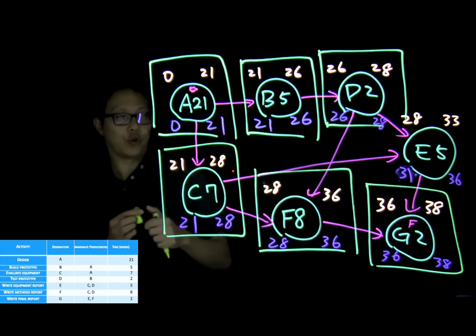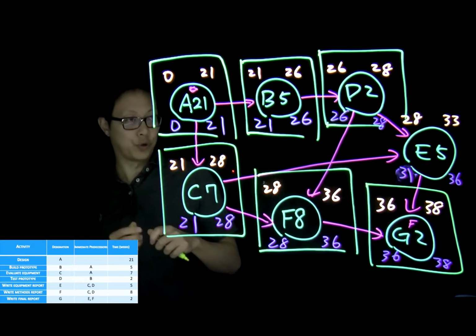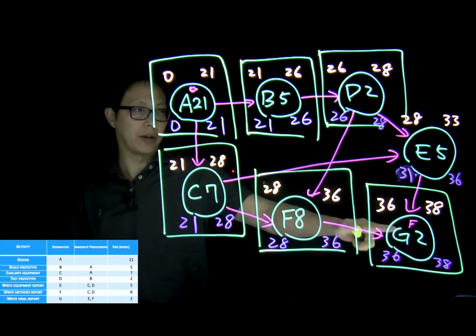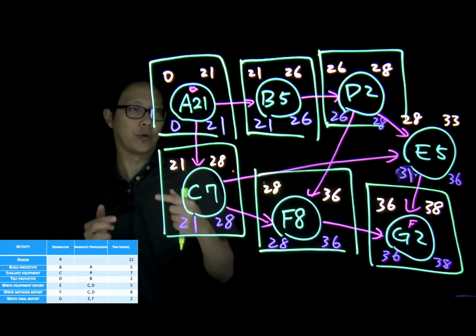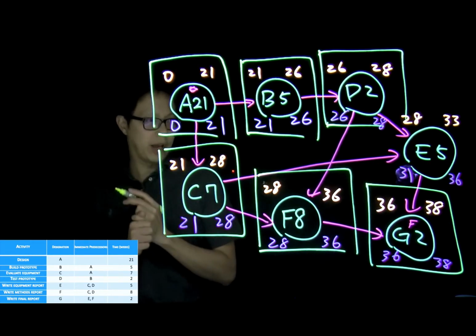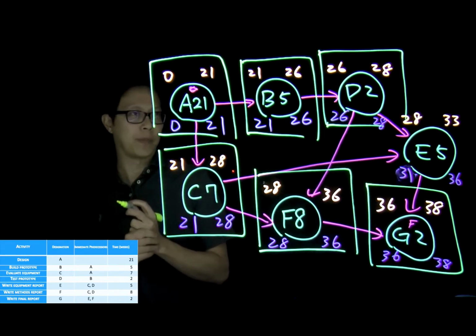Then we try to identify the route that can connect from the start node to the end node that can include the critical activities. There are actually two possibilities.